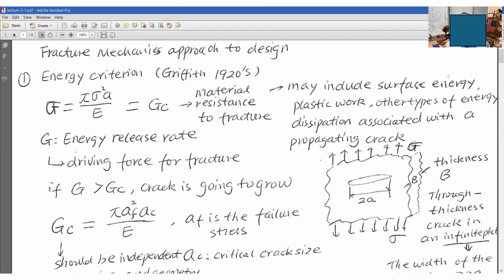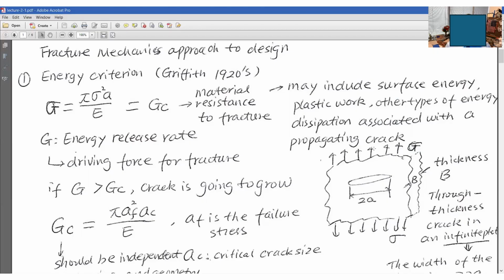If the material is selected, the material resistance to fracture is almost fixed. This energy may include the surface energy, plastic work, and other types of energy dissipation associated with the propagating crack. I told you guys, if you want to crack some components, you need to apply energy, right?